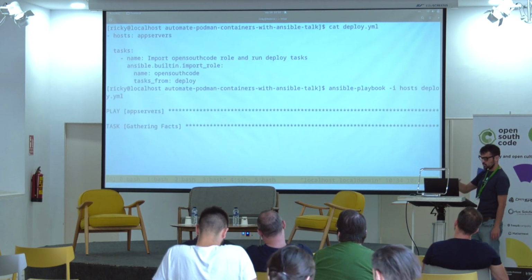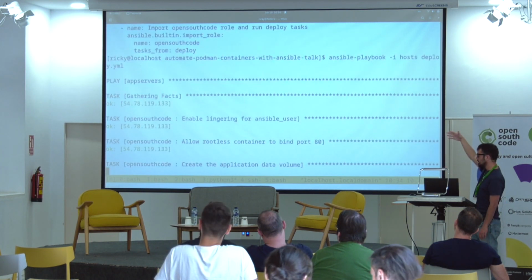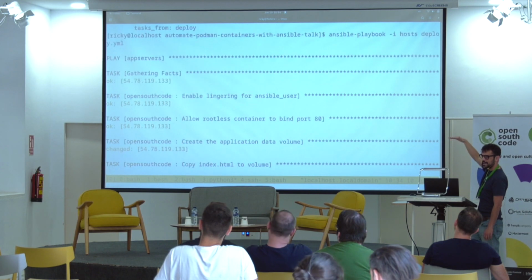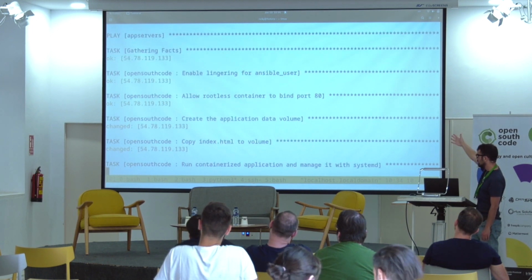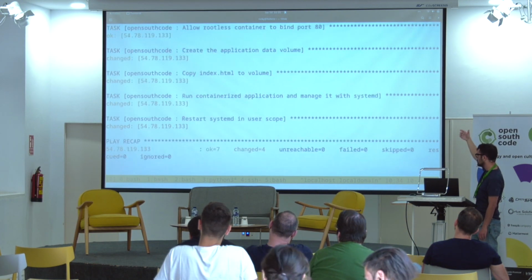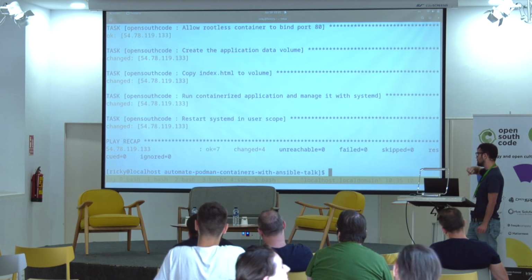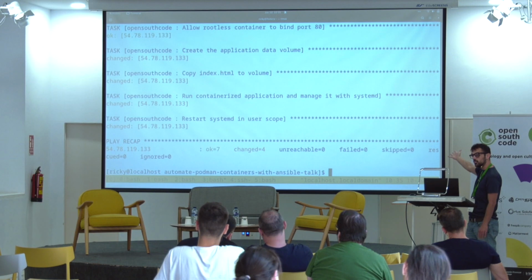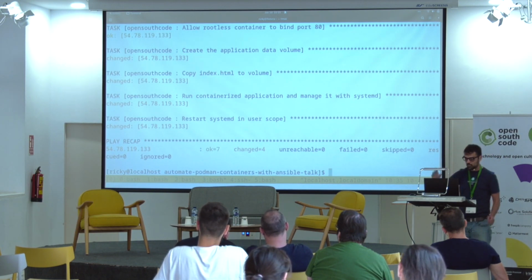It's going to run a play against my app servers, and it's going to perform the tasks from the task file. So it enables the lingering, allows a rootless container to bind port 80, creates the application data volume, copies some HTML file to the volume, creates the Podman container, and then restarts it with systemd. Let's see if that works.